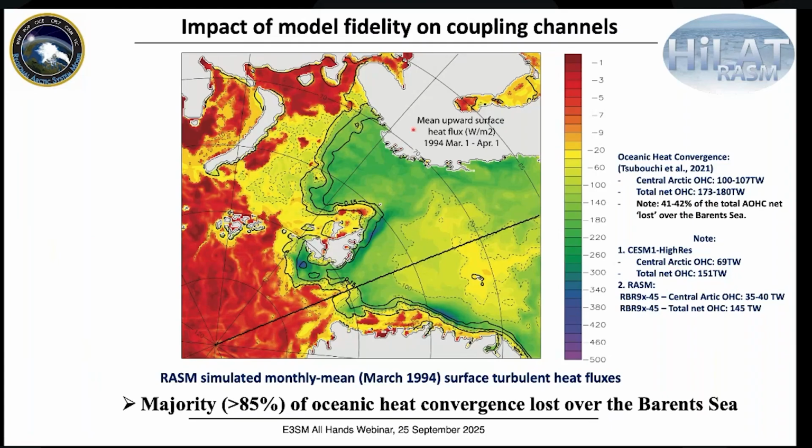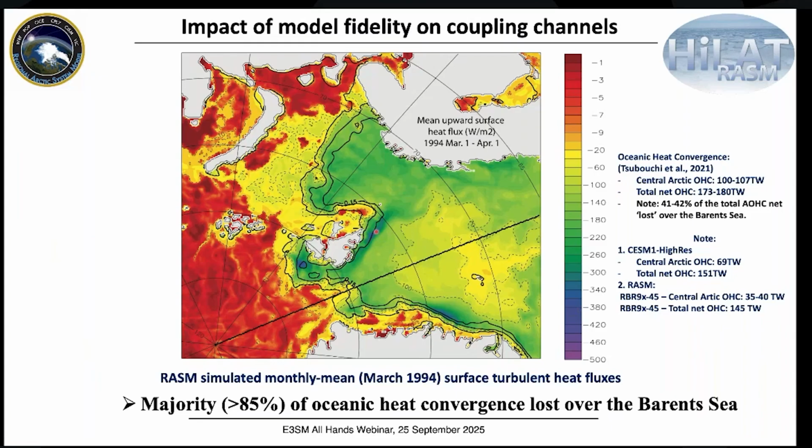In the Barents Sea and the Nordic Seas, we have on the order of 150 to 200 watts per square meter in the monthly mean for a random month of March 1994. And you can see along the ice edge, which is represented here by the black contour lines, we can go up to in excess of 400 watts per square meter in some locations in a monthly mean sense.